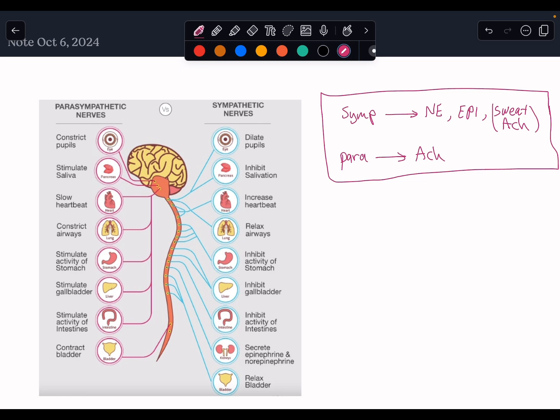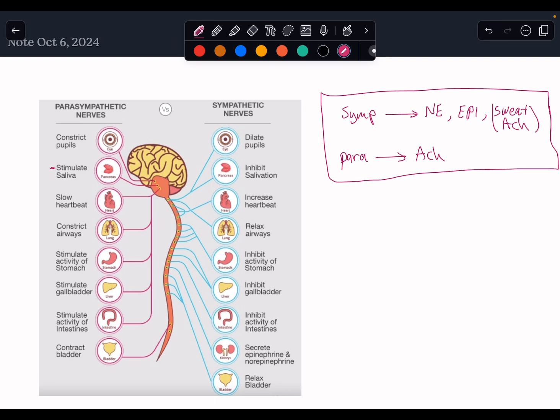Parasympathetic, think always, it's always contract or stimulate. Always remember these two words, contracts and stimulates.